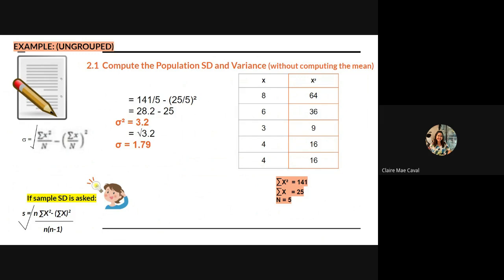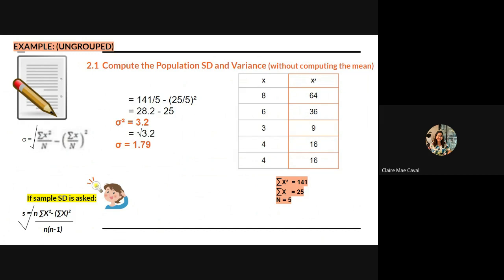The denominator should be 20. Did you follow? In the numerator, it should be 80: 705 minus 625, divided by 20. The answer is 4. Therefore, the sample variance using this formula, without the need to compute the mean, is still 4, the same as before. The square root of 4 is 2, so the sample standard deviation is 2.